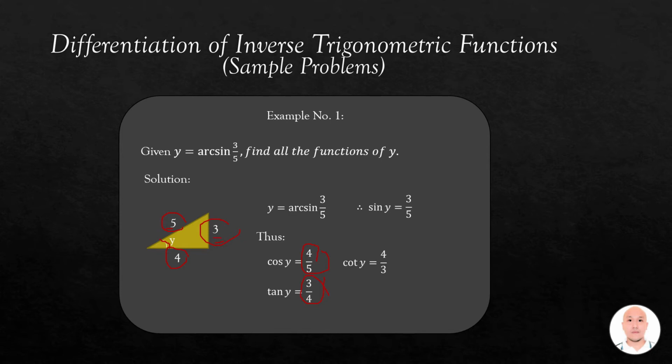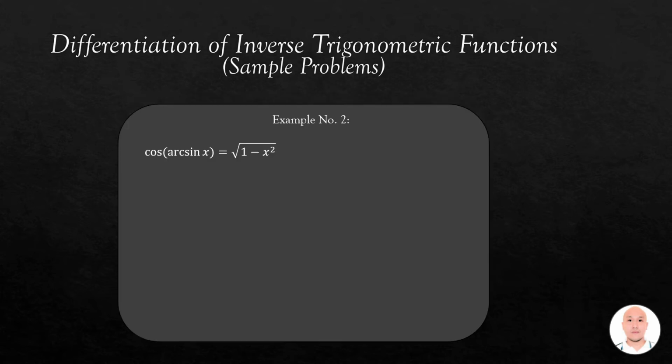And cotangent y is equals to 4/3, so adjacent over opposite. Secant y is 5/4, so hypotenuse over adjacent. And cosecant y is equals to hypotenuse over opposite, which is equivalent to 5/3.